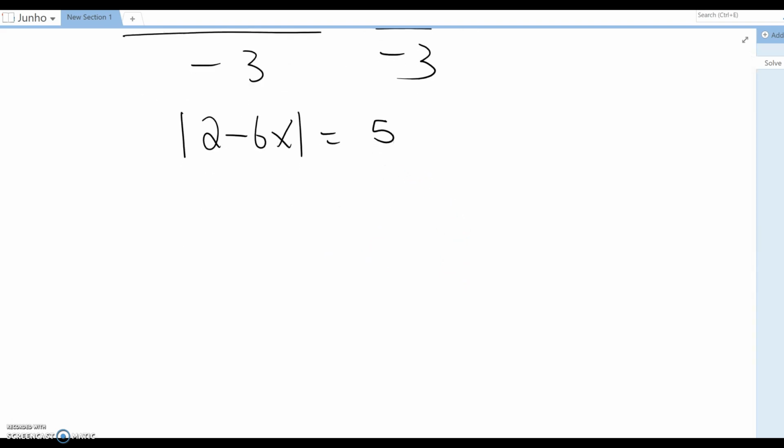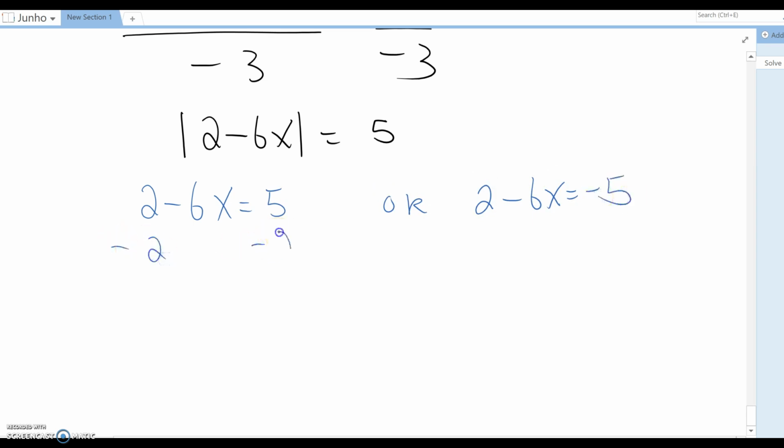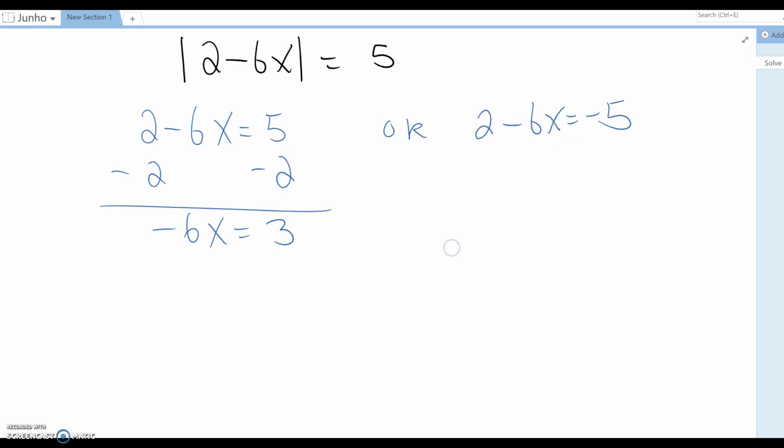We can set up 2 minus 6x equals 5, or 2 minus 6x equals negative 5. Minus 2, then negative 6x equals 3. Divide by negative 6, then x equals negative 1/2.